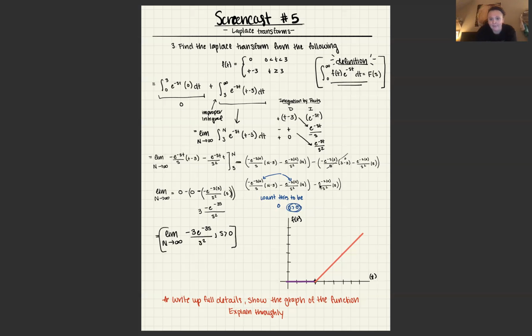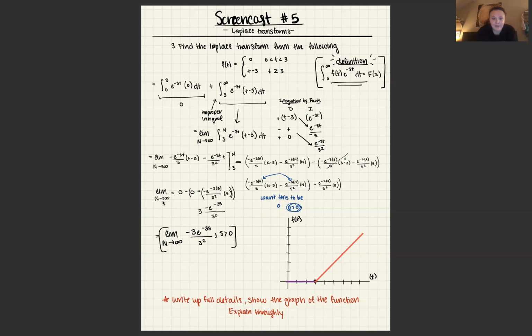That's negative e to the negative s times 3 over s squared, times 3 again. Since we know this is what our function is going to be, we bring it over here, because we can't forget about the 0 from the very beginning.